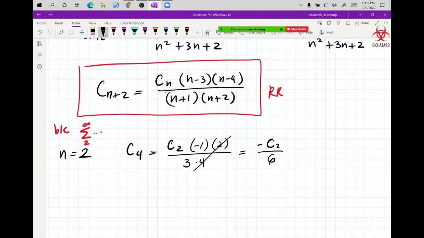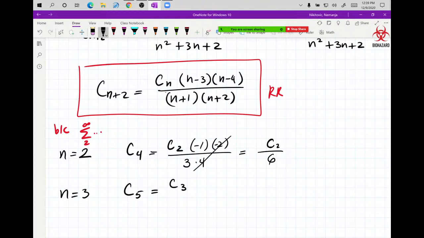Negative C2 over 6. n equals 3. It should be positive, right? Because I think you just missed the negative. Where n minus 4, then you get... Oh, thank you. Yeah. Okay, you're right. n minus 4, that is 2 minus 4, which is negative 2, and then negative 2 times negative 1 is positive 2, and then 2 will cancel with 4. All right. Oh, it's just so easy to make mistakes here.